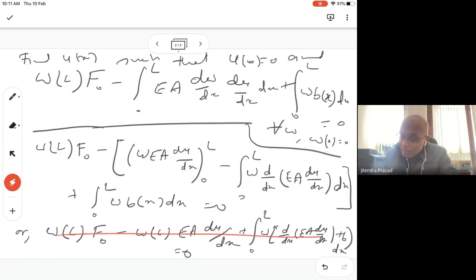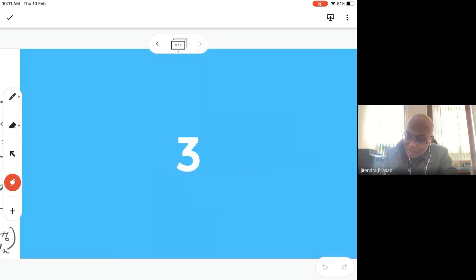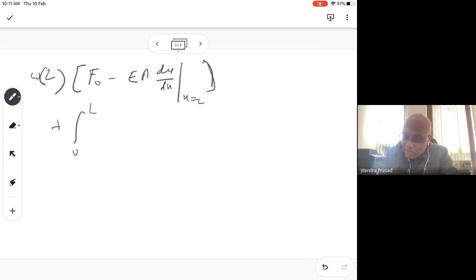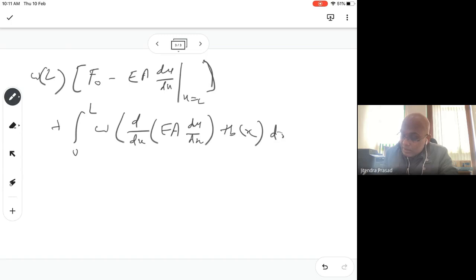Now it has both the things, so if you expand that further, what do you get? You get W at L times f naught, minus EA du over dx at x equal to L, plus the integral from 0 to L of W times d over dx of EA du over dx plus bx, dx, equal to 0.